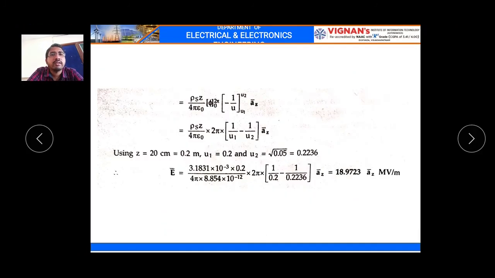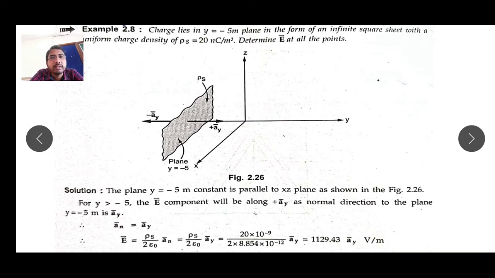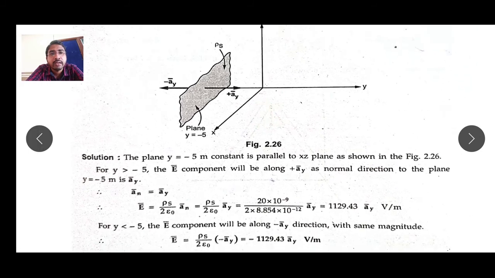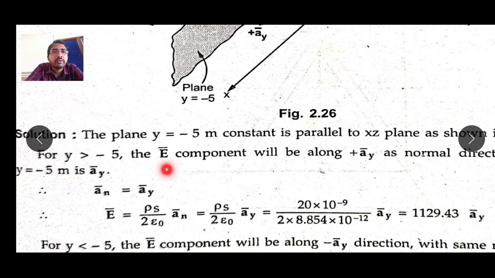Next, there is another problem: infinite sheet of charge. Already just now we have derived the electric field intensity at a point P due to an infinite sheet of charge is rho s by 2 epsilon naught into a n bar volts per meter. So they gave you the rho s value.